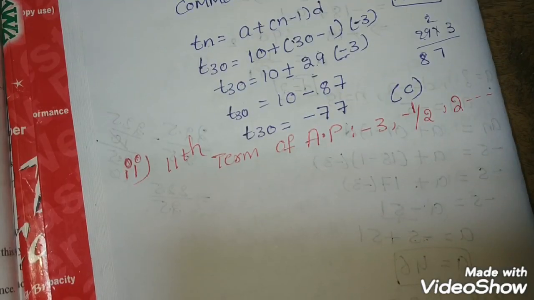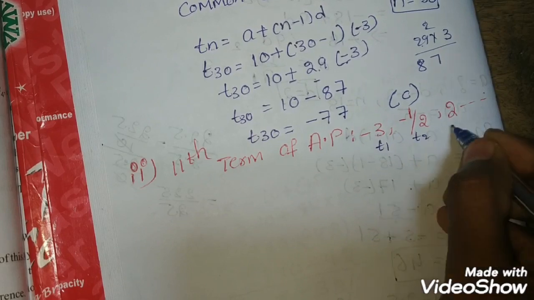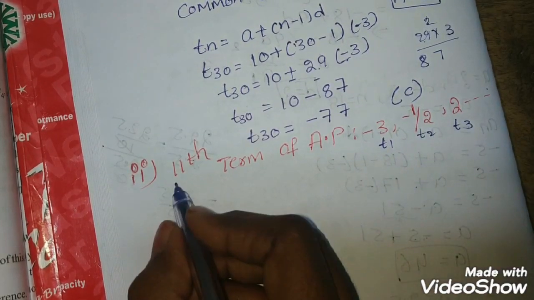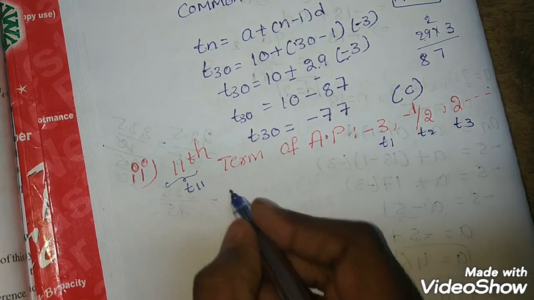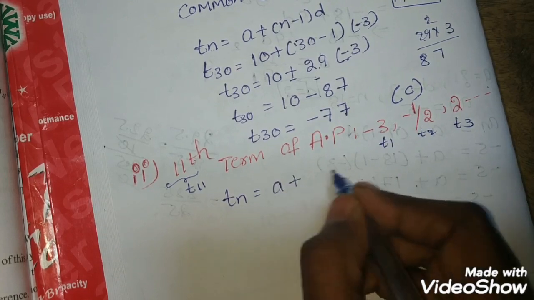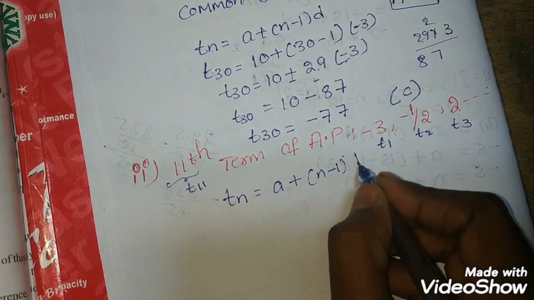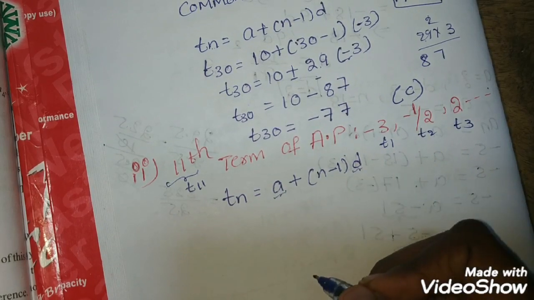So let's go for the second question. What have they given? Next question. This is term 1, term 2 and term 3. What do we need to find? We need to find the 11th term. So what is the nth term formula? That is a plus n minus 1 into d. We need to find what is a, what is d.